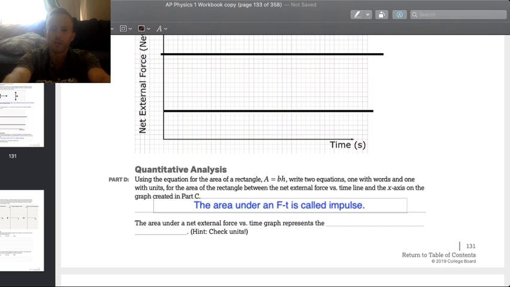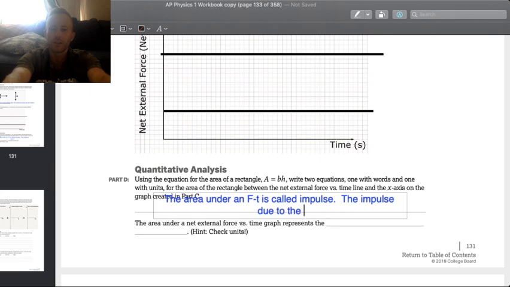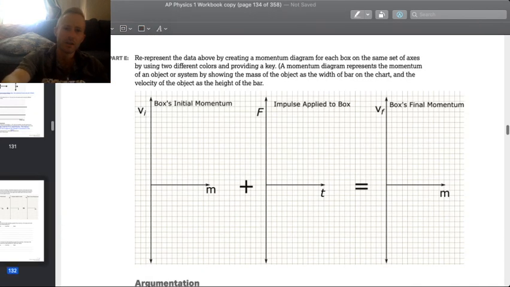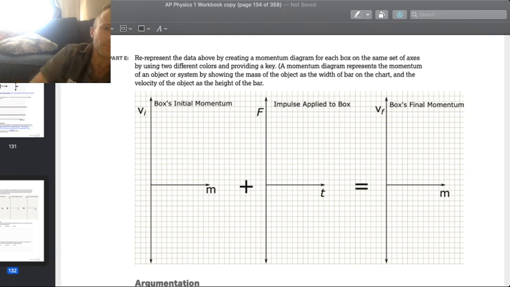The impulse due to the net force is equal to the change in momentum of the object. Important point, it's the impulse due to the net force. Okay? And you could verify that with units if you wanted to.